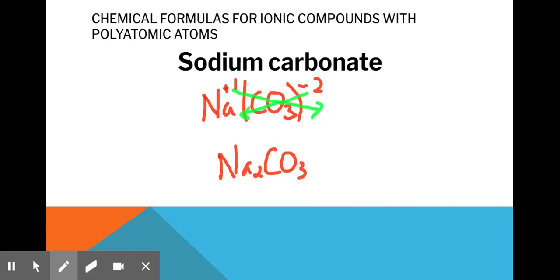Na2CO3. We did not have the parentheses outside the CO3 because the charge that would come down here outside it would be 1, and so we can get rid of the parentheses as a result.